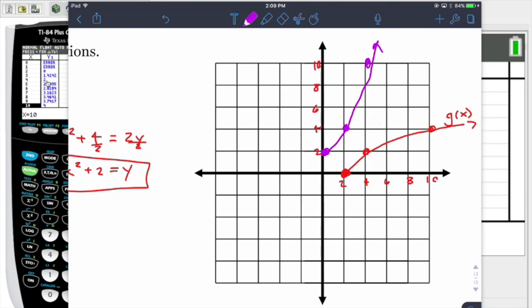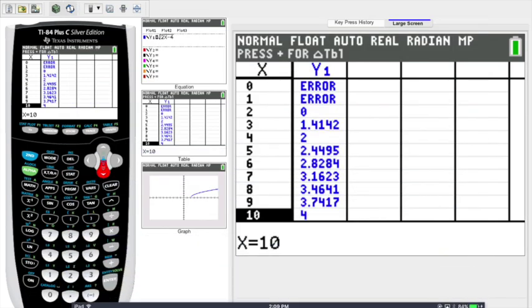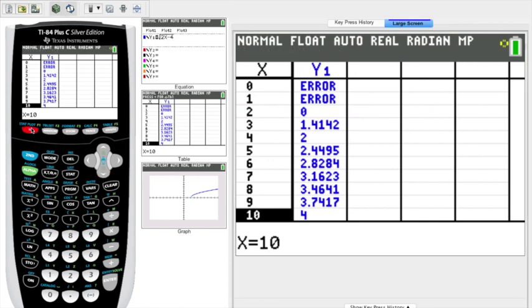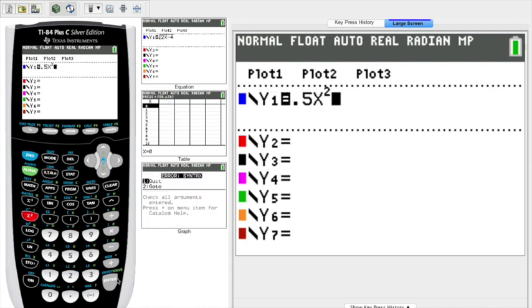Now, one thing I did want to note here, when you type 1/2 x squared plus 2 into the graphing calculator, it's going to show you something a little bit different, and I just want to hit on this real quick. This is kind of pre-AP-ish. I'm going to put 0.5 x squared plus 2.